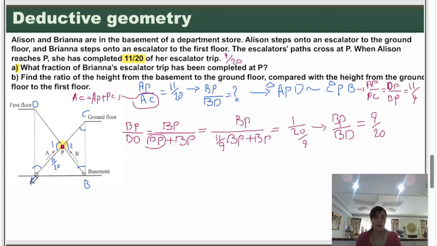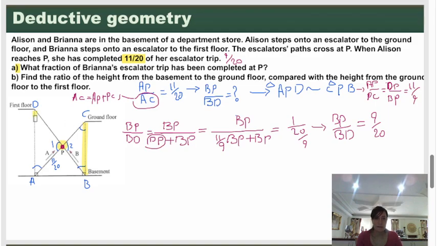I will go for part B. Part B says find the ratio of the height from the basement to the ground floor compared with the height from the ground floor to the first floor.